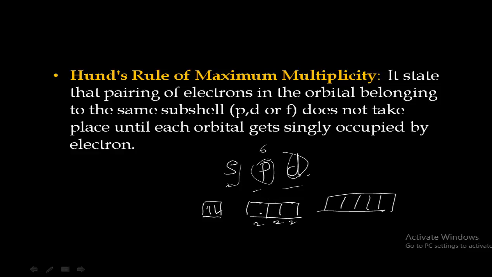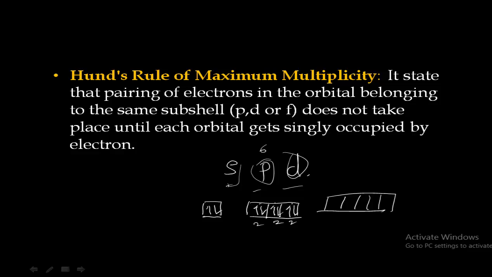So now to fill this p subshell, first we will fill each orbital by a single electron. After filling single electrons in each orbital, we will start to pair up the remaining electrons with the orbitals.